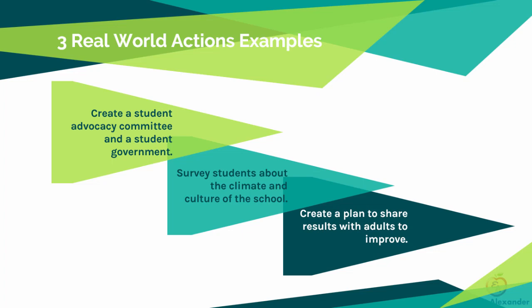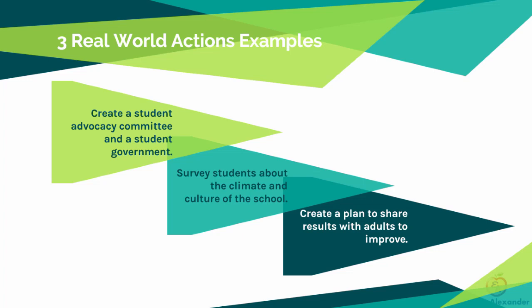So for that student advocacy committee, you really want a nice normative group. And a normative group is making sure that everyone on your campus is represented. So you definitely want a nice normative group on there so everybody at least has a voice.